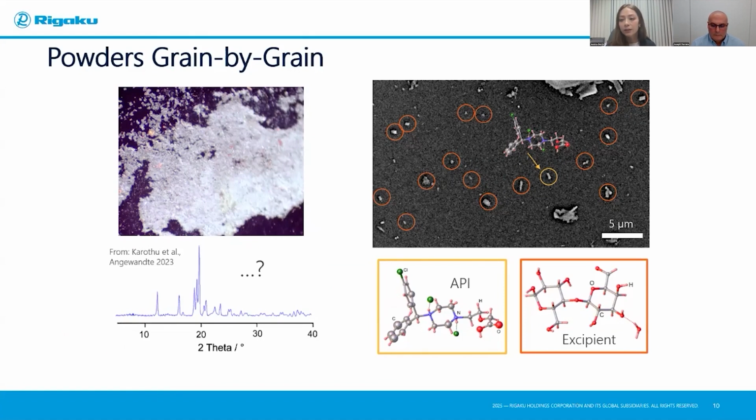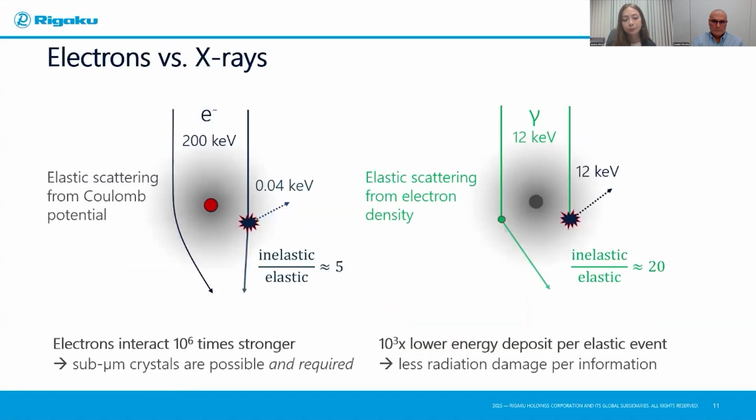But using electron diffraction, what we can actually do with this powder is go and analyze each of those individual grains and get out information much more similar to that of a single crystal analysis. So what that allows us to do is take a mixture of powders and solve multiple structures, as we see here, where we were able to solve both the structure of an API and the excipient molecule as well.